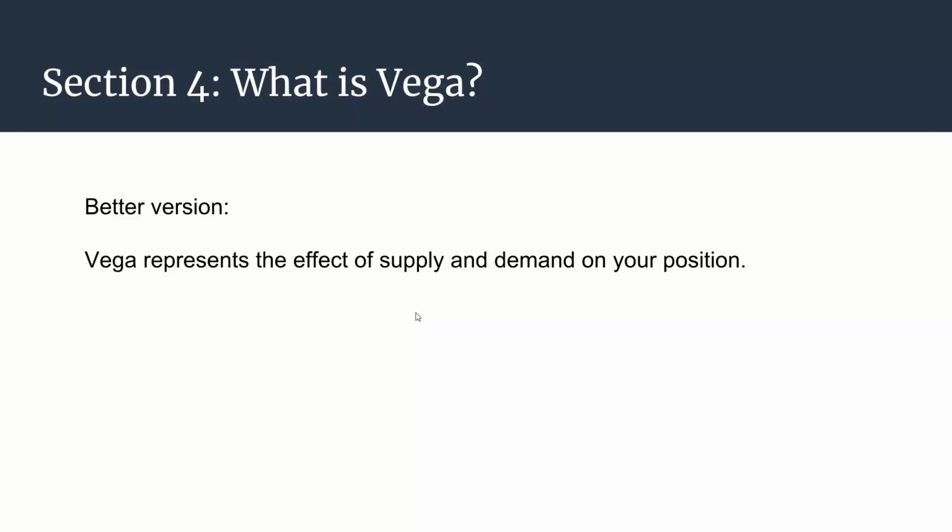When those option prices get pushed up due to demand, if you're holding long options, that's great. You're going to have a positive P&L. You're going to make some money off the increase in demand. The way that's represented is that your Vega number will be positive. So if you're holding long options in anything, you're going to have positive Vega. And if the demand increases, meaning all the option prices get pushed up, then you're going to make money with your positive Vega. That's how it works.